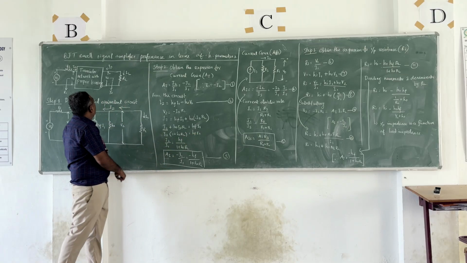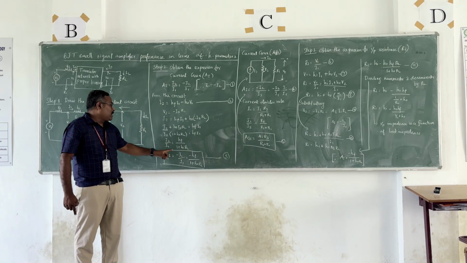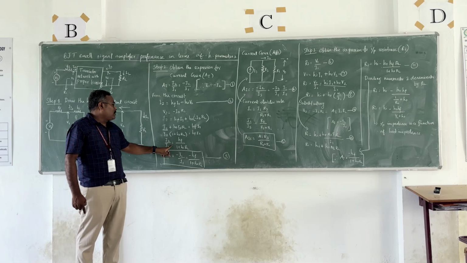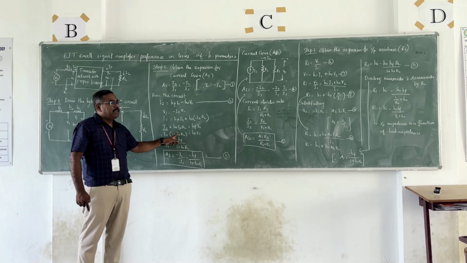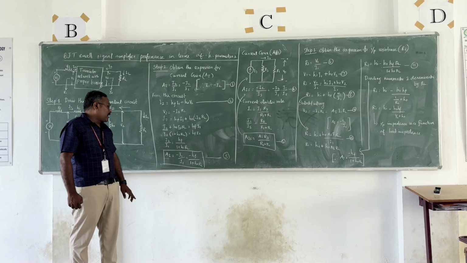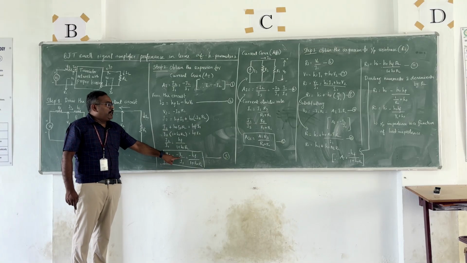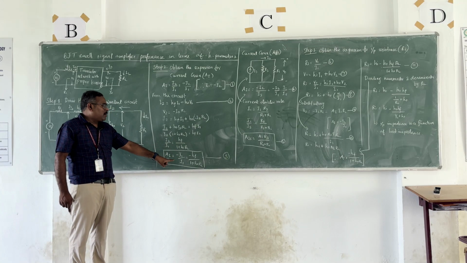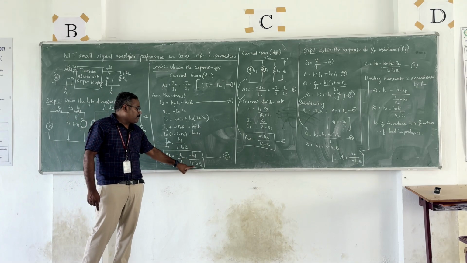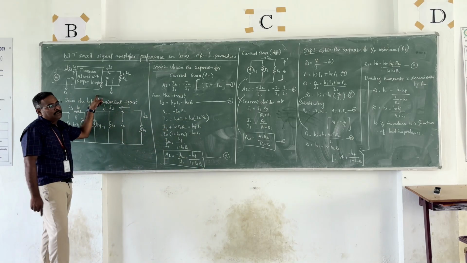We know the gain is I2 divided by I1, so I1 is brought to the denominator: I2 by I1 equals hf divided by (1 plus ho into RL). So your AI is equal to minus hf divided by 1 plus ho into RL, with the negative sign for I2. So this is the current gain of your BJT.